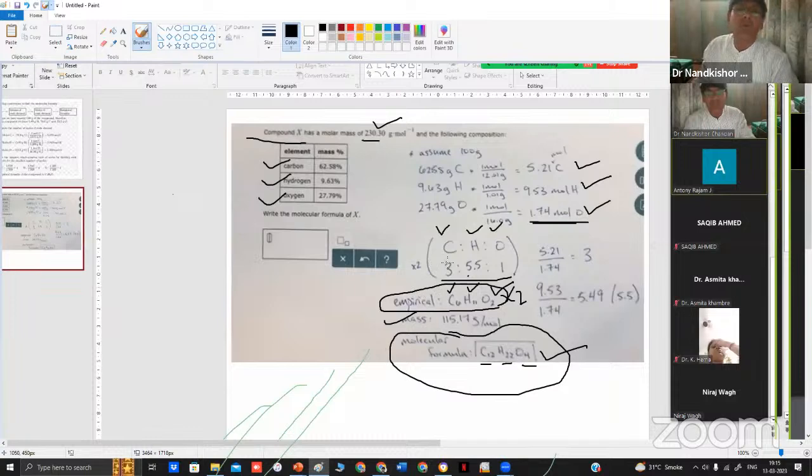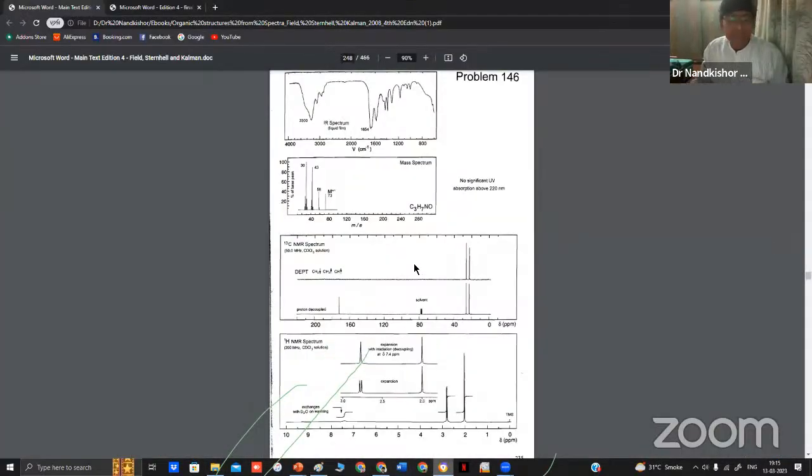So that is how, if the elemental analysis is given to you, you solve the structure of the organic molecule by using the spectrum. Let's see a couple more spectra.